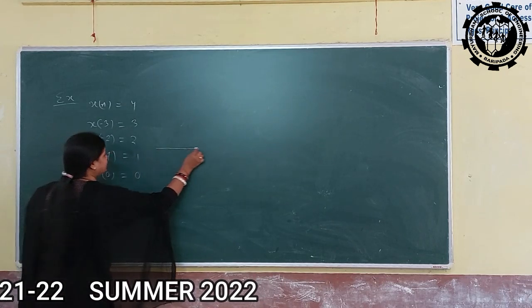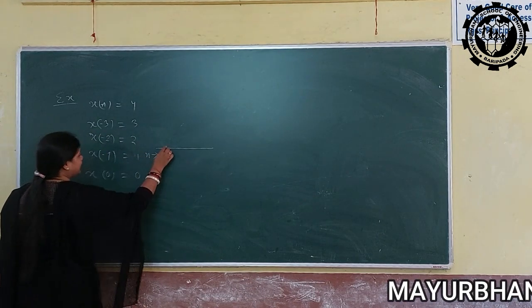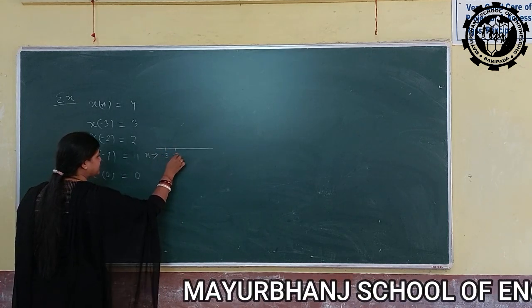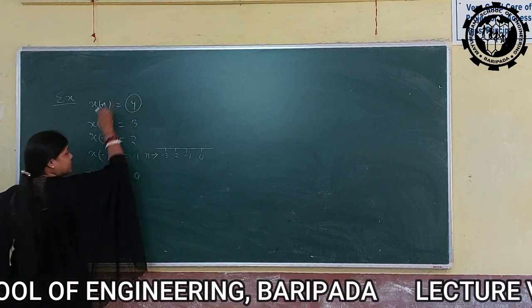So the diagram is represented like this: n is minus 3, minus 2, minus 1 and 0, and that is the value of x of n.